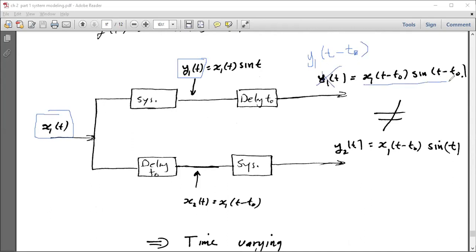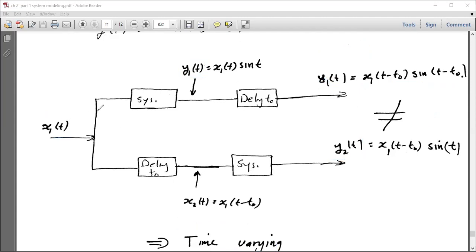And for the same input, you first delay it and then input it to the system, and you decide y2. If both are equal, then the system is time invariant. If they are not equal, it is a time varying system. This is another way to test the system.